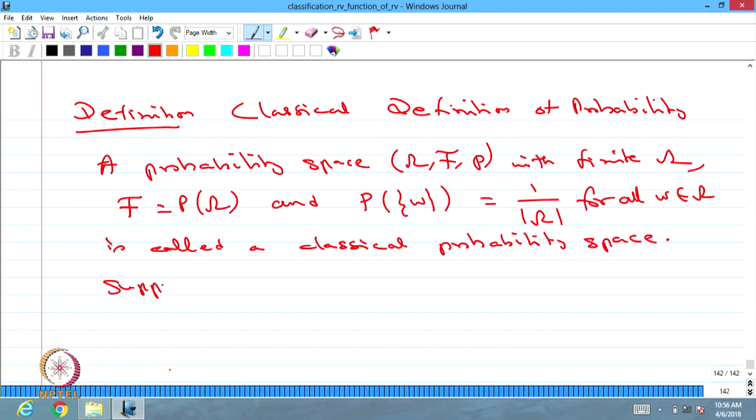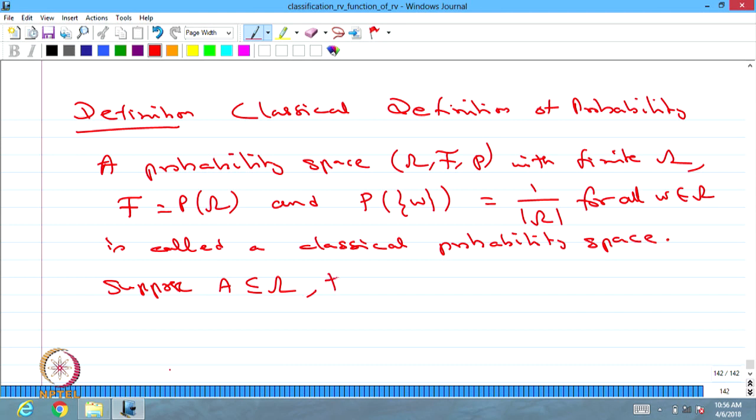Since P on each possible outcome is 1 divided by the total number of elements in omega, the probability of any event is nothing but the number of favorable cases for event A divided by the total possible outcomes, whatever the finite number. Suppose A is contained in omega, where A is an event.